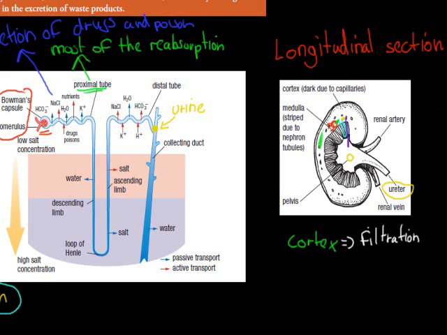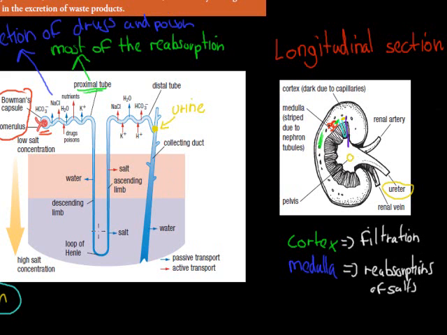Your medulla was actually where your loop of Henle is, so your medulla is where we have reabsorption of salts. And that's that strange looking part. And then going from your cortex all the way down into your pelvis is your collecting duct.